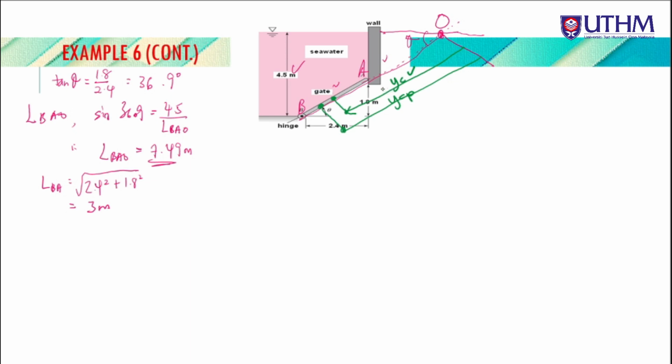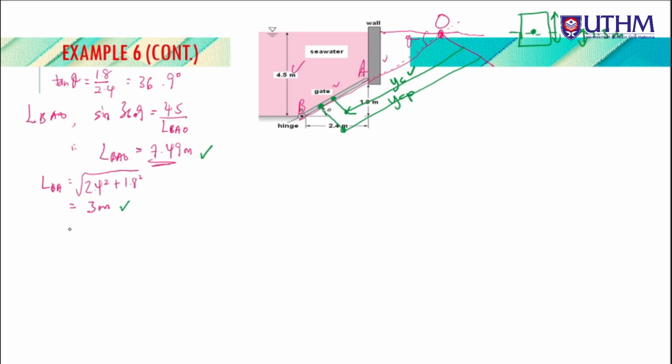Macam nak kira YC? Actually simple je, sebab kita dah tahu panjang keseluruhan kan. Panjang keseluruhan ni adalah 7.49 meter. So panjang BA ni sendiri kita pun dah dapat 3 meter. So centroid, disebabkan plate ni adalah rectangular kan, centroid dia tengah-tengah lah, tengah-tengah H dia adalah 3 meter. So tengah-tengah dia adalah 1.5 meter lah kan.